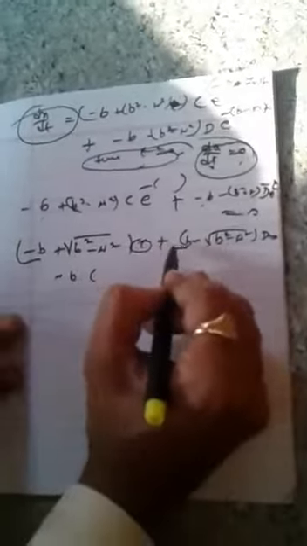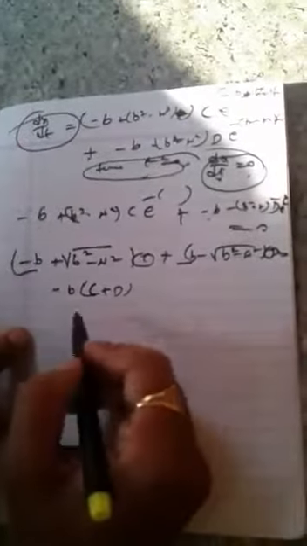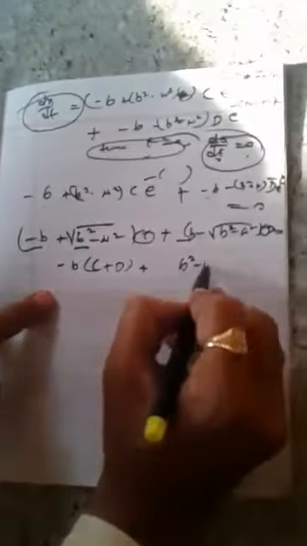So minus b, if you add, what remains? c plus d remains, plus square root of b square minus omega square into c minus d.